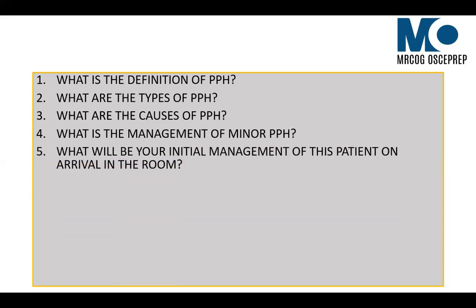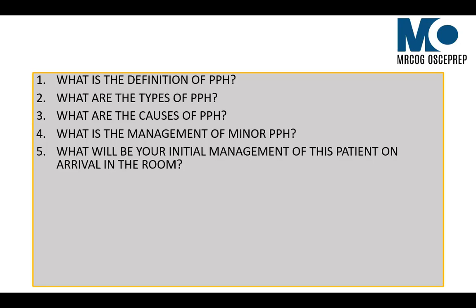Okay. Your next question is, what will be your initial management in this patient on arrival in the room? As this patient is bleeding profusely, I will assess the blood loss, and I will call for help. I will make a team of senior midwife, obstetrician and anesthetist, and I will alert hematologist, blood transfusion laboratory and consultant obstetrician. I will resuscitate the patient.